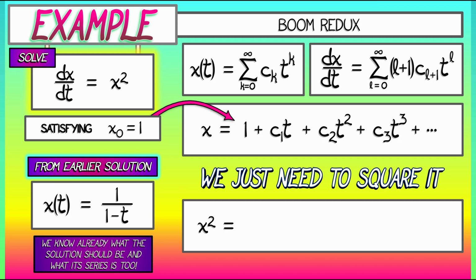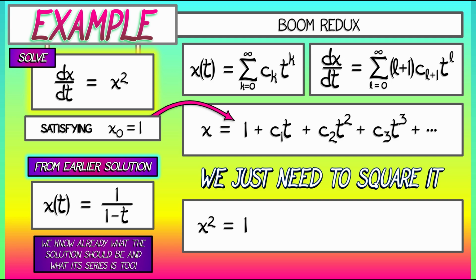This is going to be like some long polynomial multiplication thing, right? First, outside, inside, last kind of thing. I do know that the degree 0 term is 1 times 1, which is 1. That's not so bad. What about the degree 1 term? Well, that's things with a t. That's 1 times c1 plus c1 times 1.